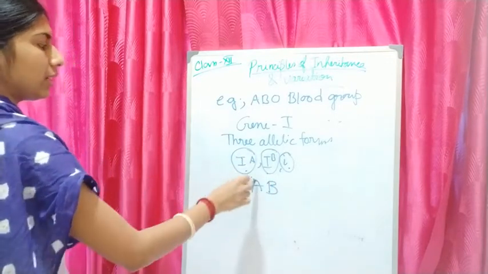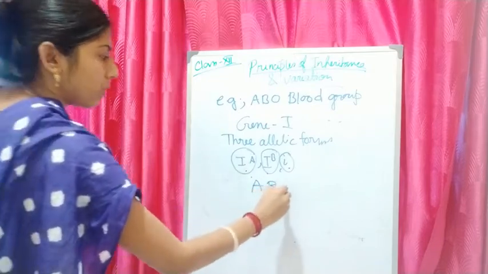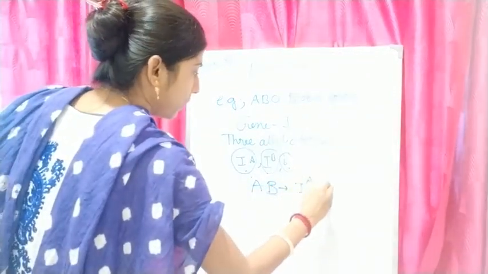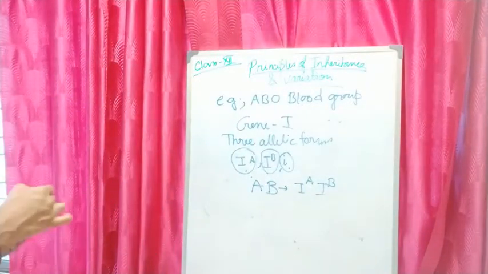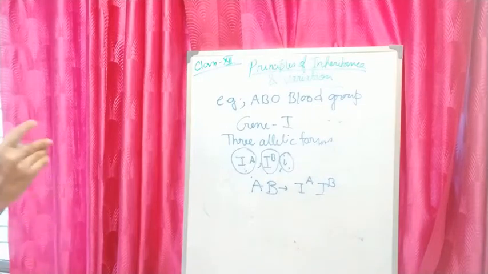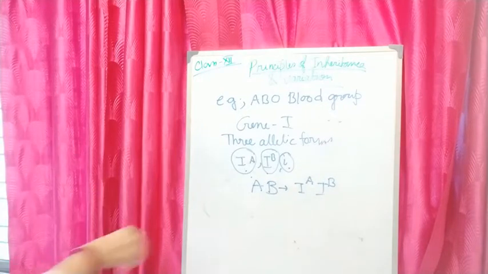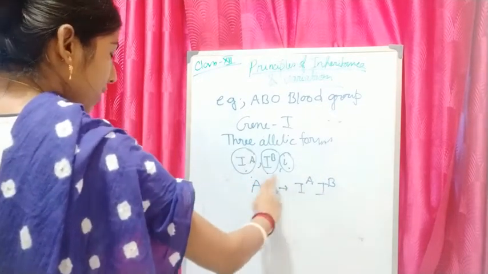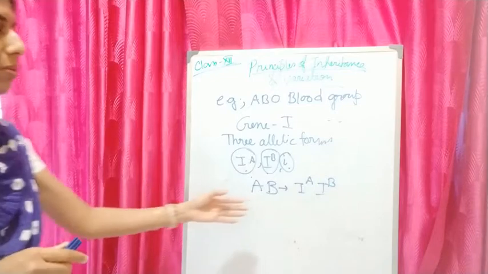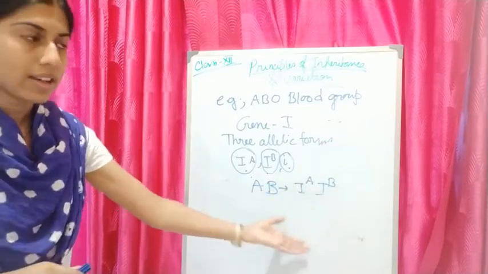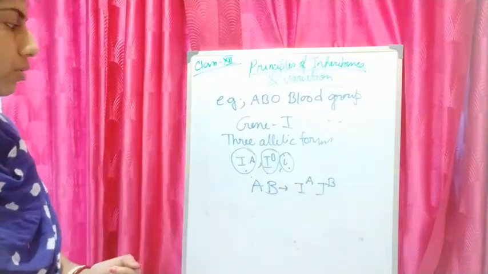But in the AB blood group, what will be the genotype? IA IB. Both dominant alleles are present and expressing together, because RBCs have both types of glycoprotein. So it will show the AB blood group.